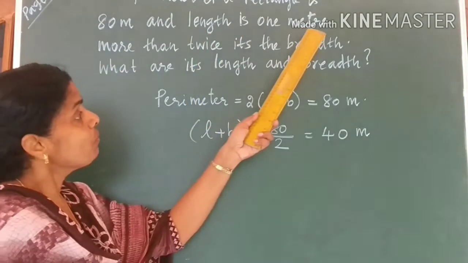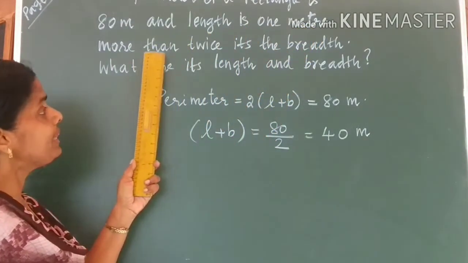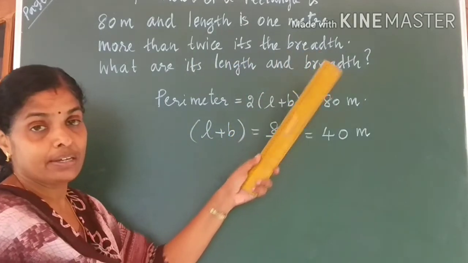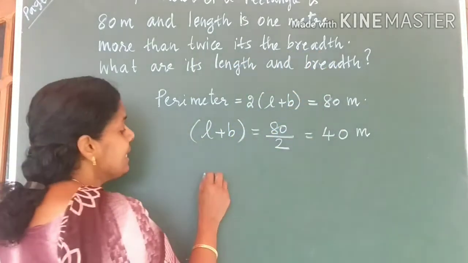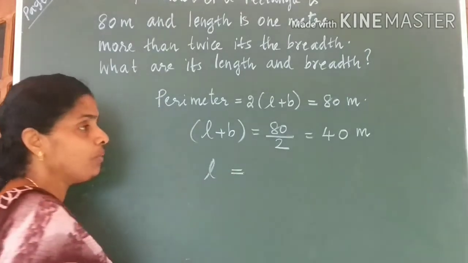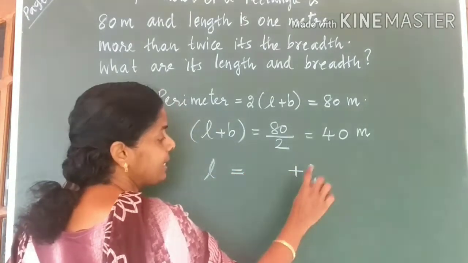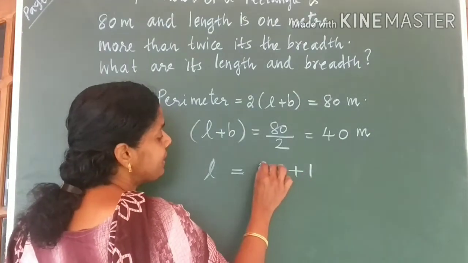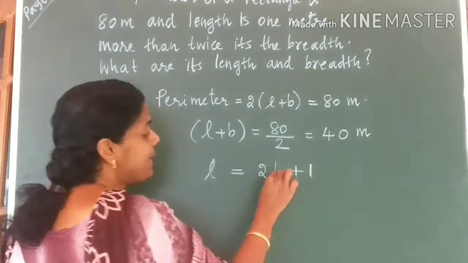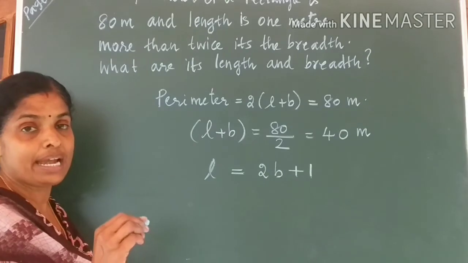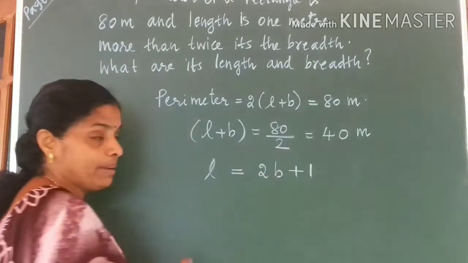Length is 1 meter more than twice its breadth. So we can write length to be equal to 1 meter more than, so use a plus sign, 1 meter more than twice the breadth. We know twice breadth is equal to 2b.